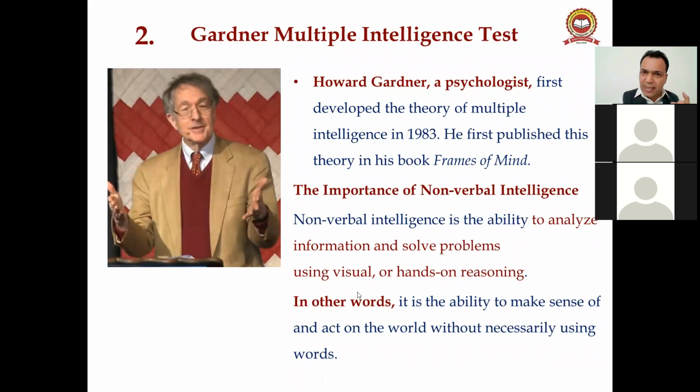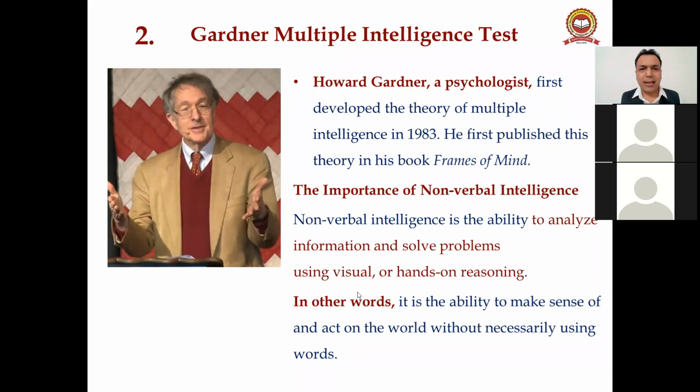For the verbal intelligence test, we have used the Alfred-Binet intelligence scale. For the non-verbal intelligence test, we have used the Gardner multiple intelligence test. For number three, the personality inventory test, in the coming slide we will see, we have used the test given by Eysenck. And number 4, mental health, we have used the Sinha and Sinha test.